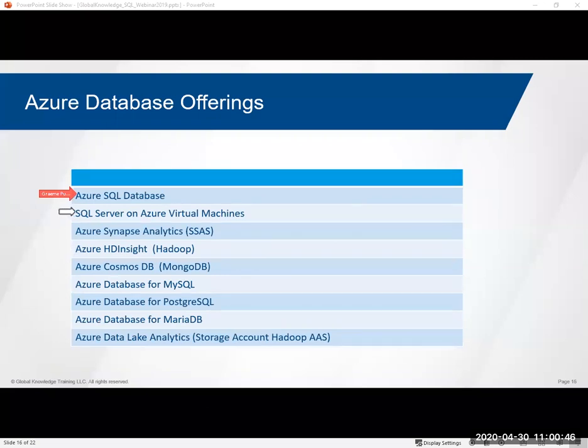You can also actually run SQL Server in a virtual machine in Azure. When you run SQL Server in a virtual machine in Azure, you spin up a virtual machine that is infrastructure as a service, IaaS. You then have 100% of the capabilities of the version of SQL Server that you actually deploy into the virtual machine.